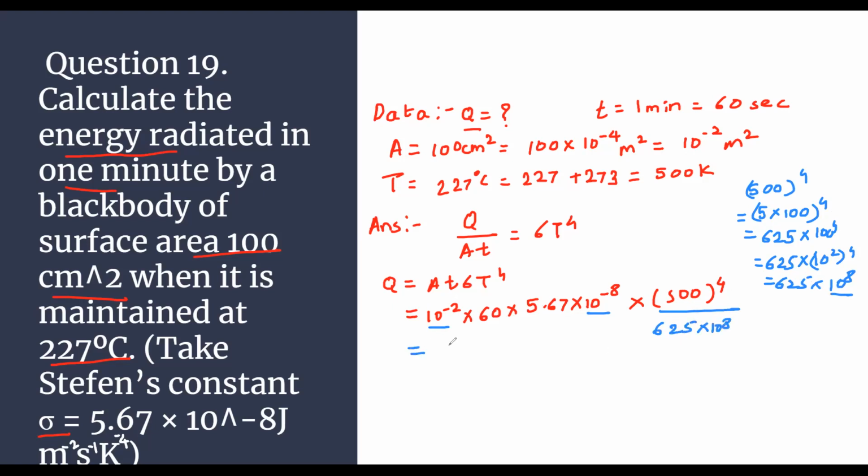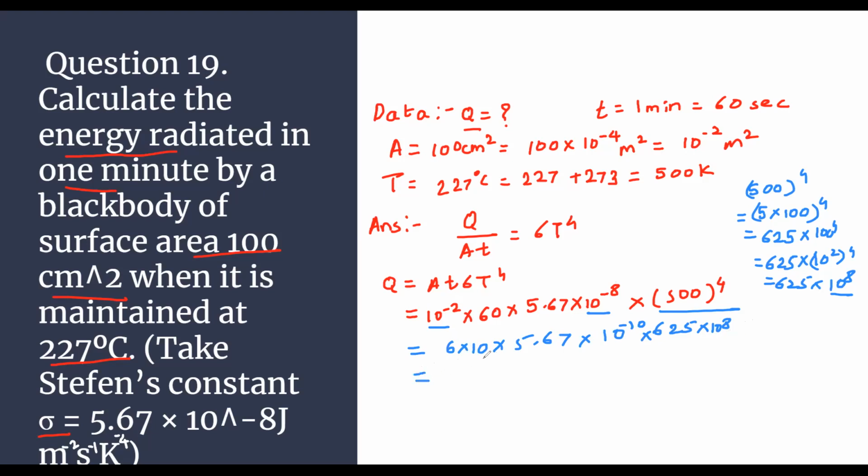So let's write as it is. Instead of 60, I'm writing 6 into 10, into 5.67 into 10 raised to minus 2 and 10 raised to minus 8. I'm writing 10 raised to minus 10 into, instead of 500 raised to 4, 625 into 10 raised to 8.